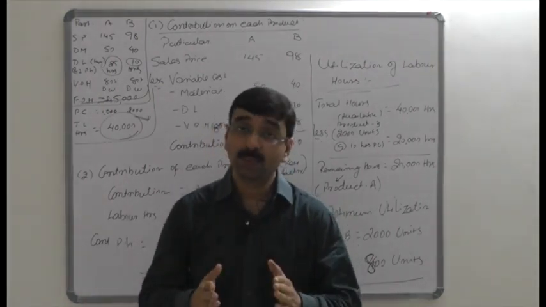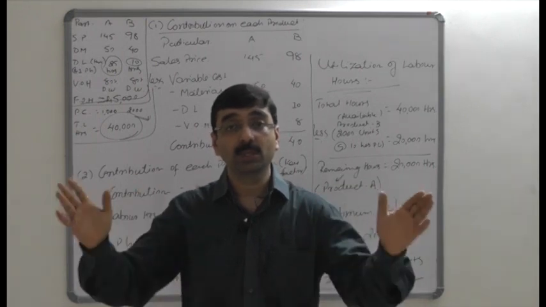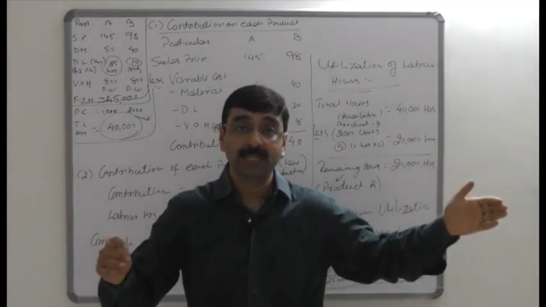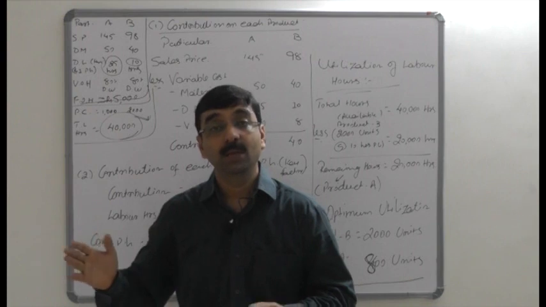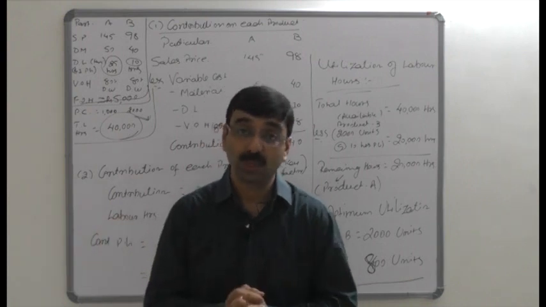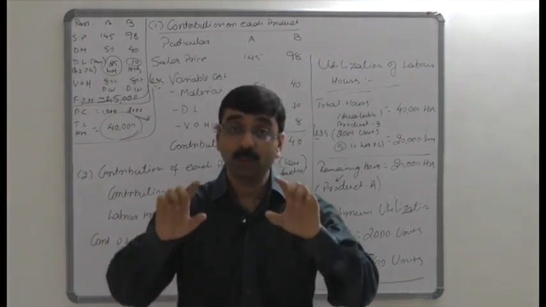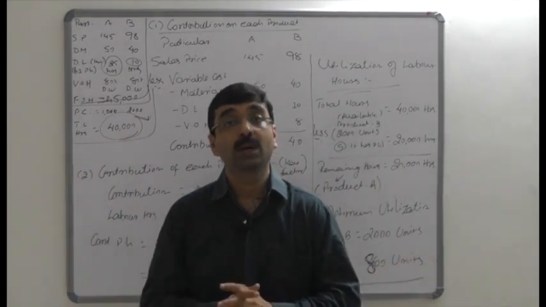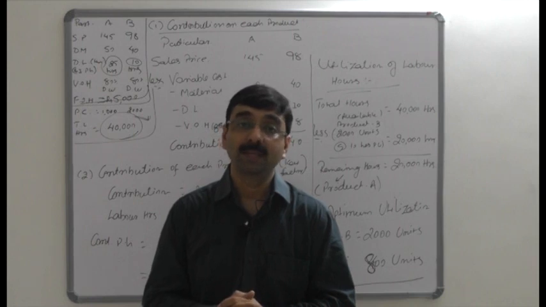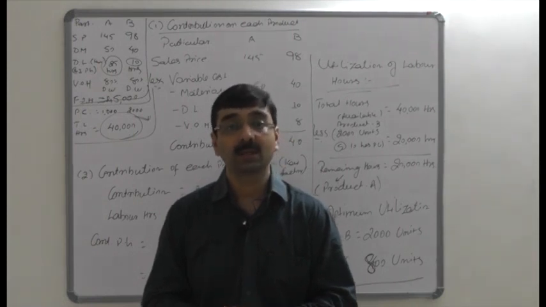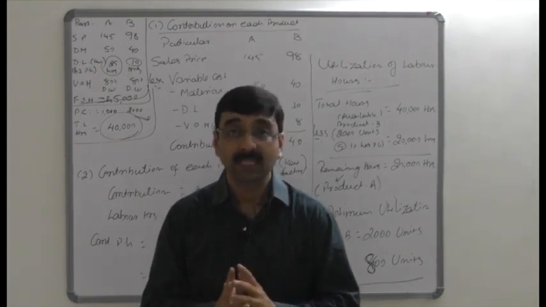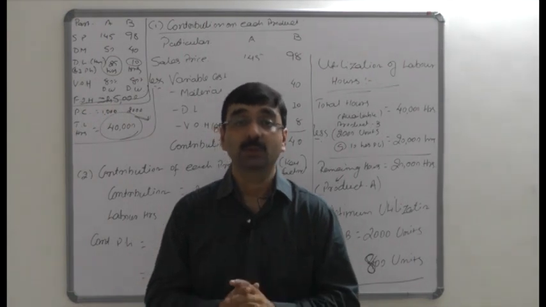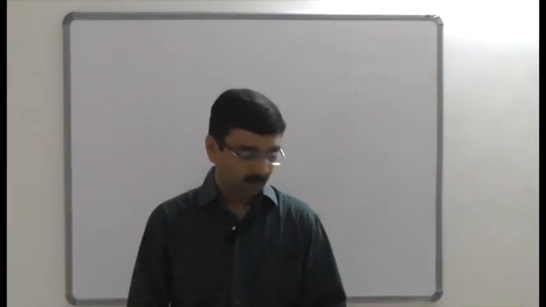The total units manufactured are 800 of product A and the full 2,000 units of product B. If you manufacture this number of units of the respective products, the company would earn the maximum amount of profit as well as the optimum utilization of labor as a key factor. This is the solution of the key factor.